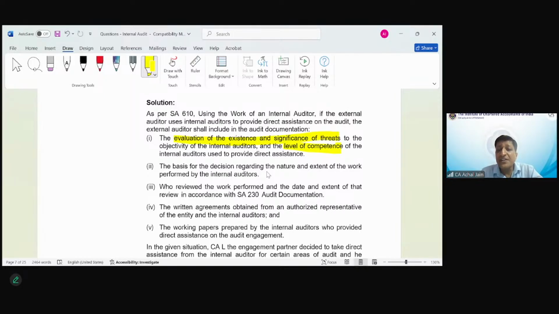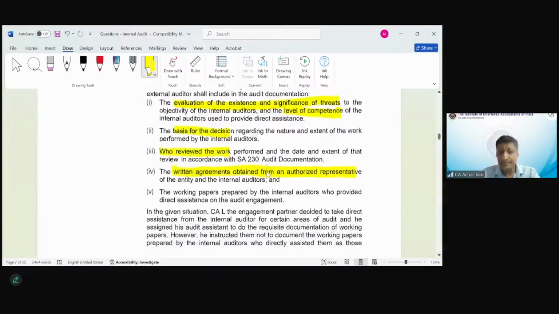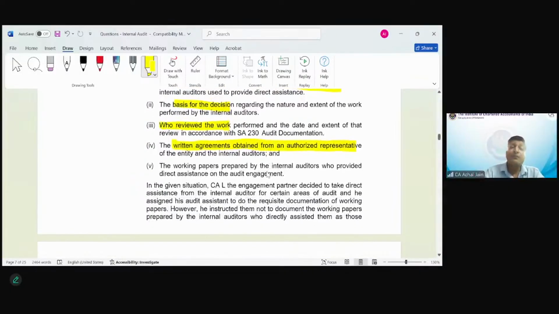Basis for a decision regarding the nature and extent of work performed by internal auditors. Who reviewed the work performed? Again, very important. Written agreements, something that we discussed in the previous question. This has to be part of the documentation, including the working papers prepared by the internal auditors.